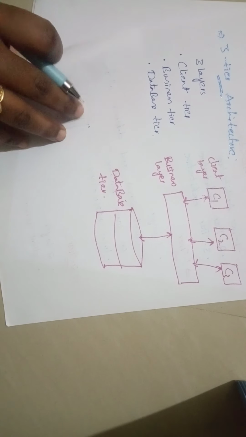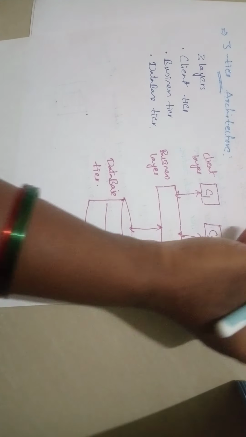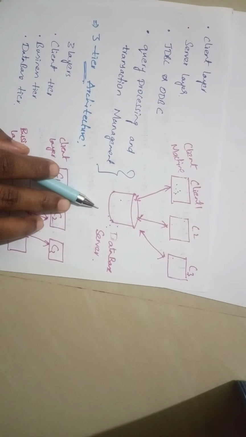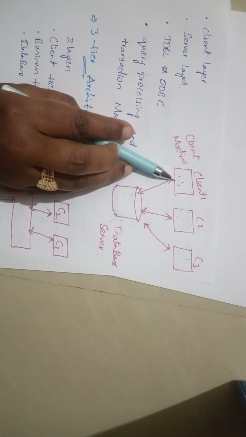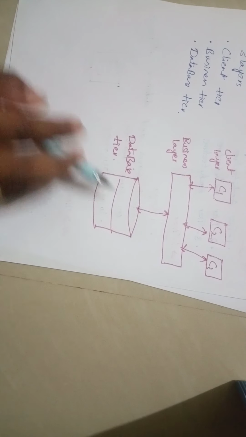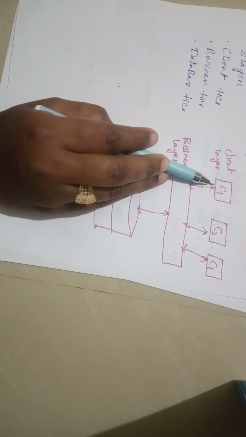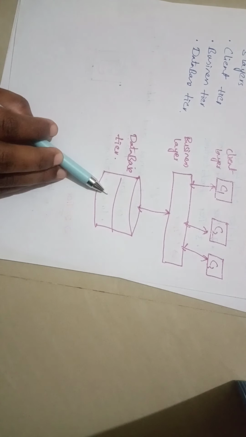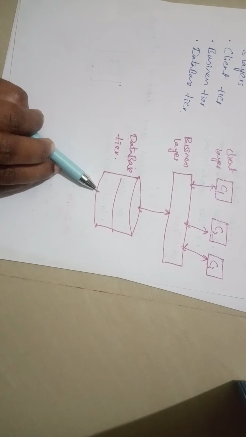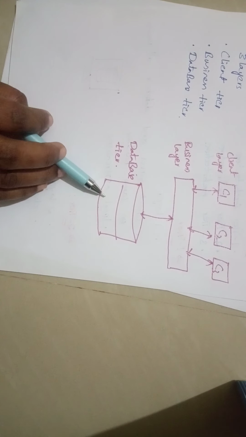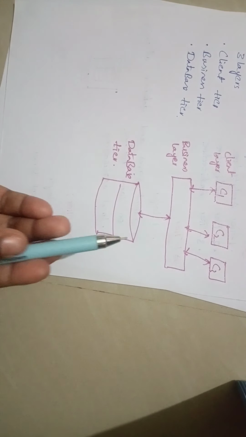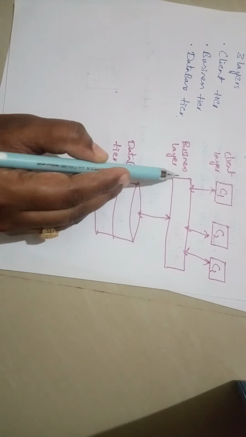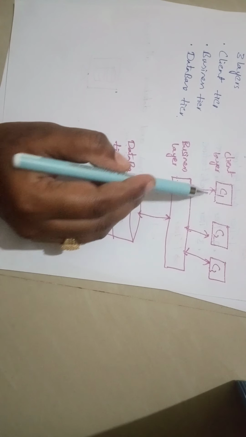In the two-tier architecture, the client systems interact directly with the database server and access data by sending queries from the client system. Whereas in the three-tier, the client layer does not communicate directly with the database server. The interface on the client machine provides interactivity with the database, and the business layer is used to support that interface.